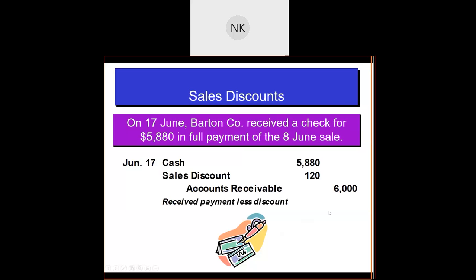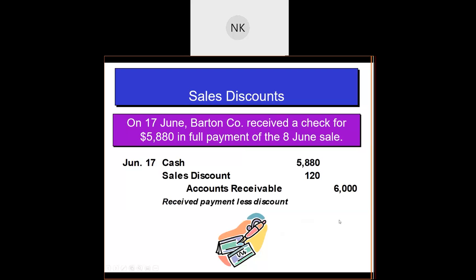Because we already received the payment which is due from this customer. So the total 6,000 will be knocked off in that credit to accounts receivable.